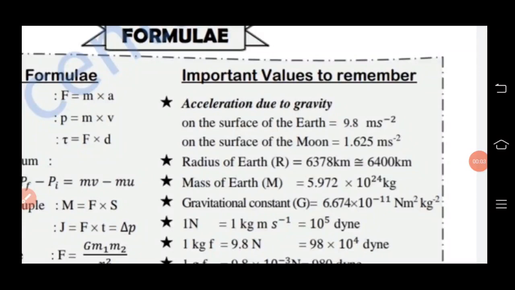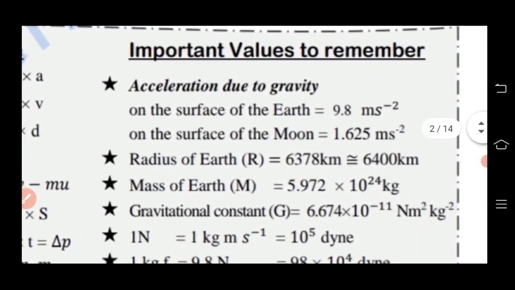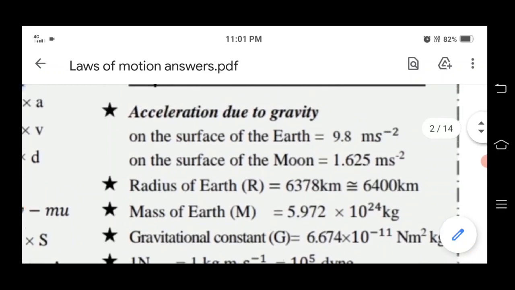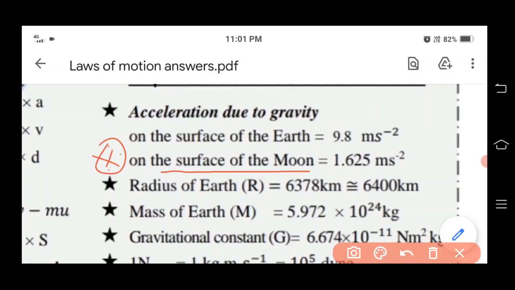Some important values to remember. Acceleration due to gravity on the surface of the earth is 9.8 meter per second square. And acceleration due to gravity on the surface of the moon, very important question, is 1.625 meter per second square.